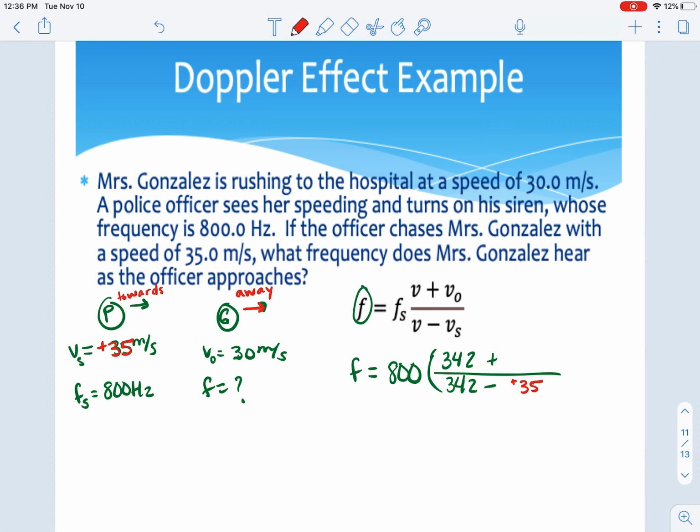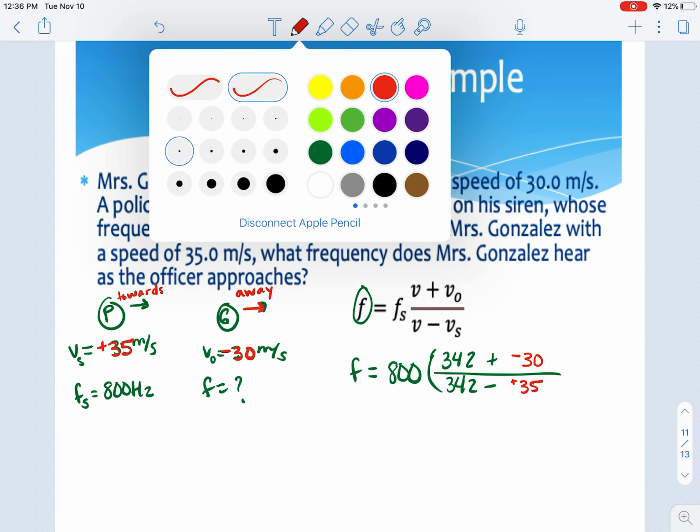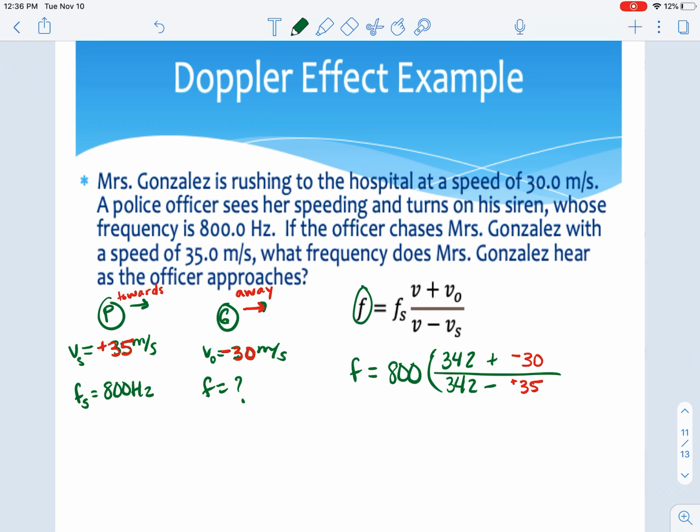Miss Gonzalez is driving so that she is moving away from the police officer. So that means that her velocity is going to be a negative value. So when I substitute in the velocity of the observer, it says in the numerator to add these two values, but I'm going to add a negative 30 for her velocity.